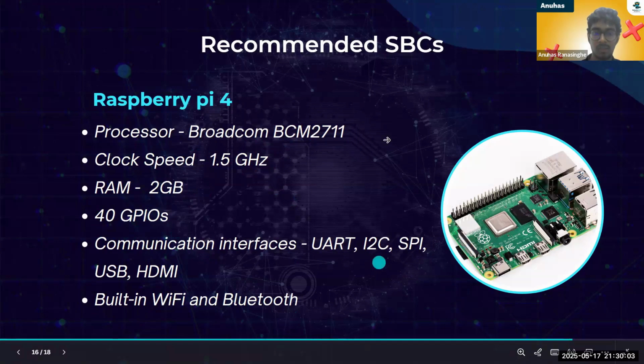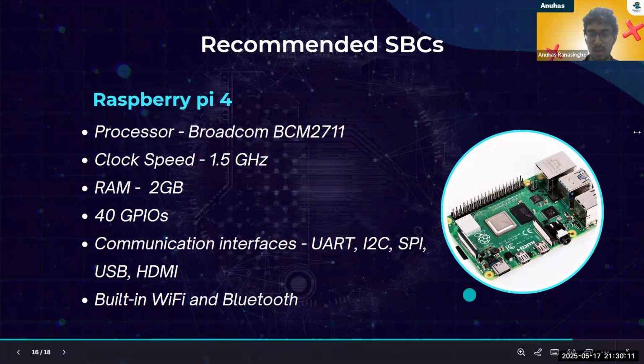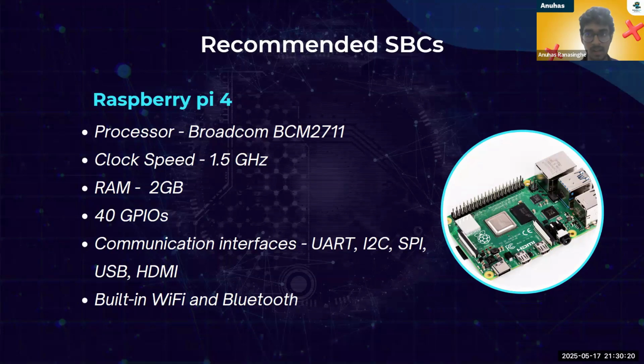But we have to make sure that when we are using a Raspberry Pi or some single board computer, we use it only to process those advanced computation tasks, not just to control the actuators and sensors, because we can use a separate ESP32 or STM32 for those purposes, connected to this Raspberry Pi.